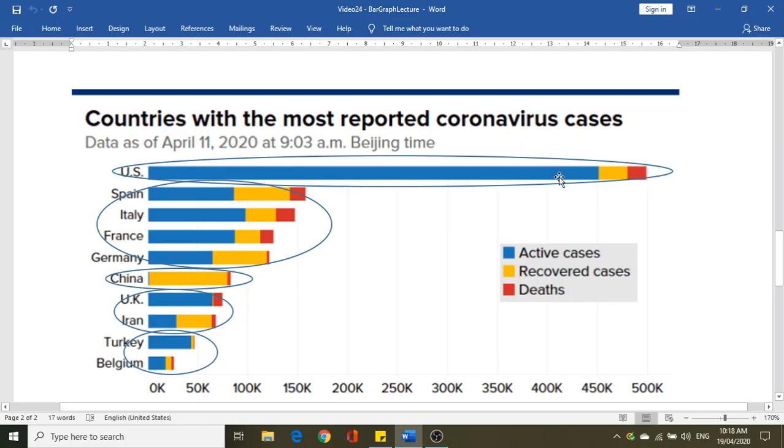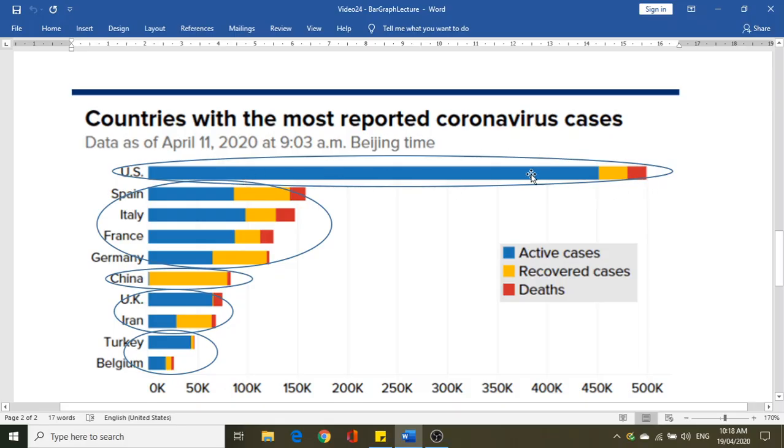And for every bar, you can see that there are blue, yellow, and red colors. So the US has indeed a lot of cases, and although the number of deaths are relatively fewer, the recovered cases are fewer compared to the other countries like China, for example. And deaths are likewise significant compared to Spain or Italy. So there's a really big problem in the US.